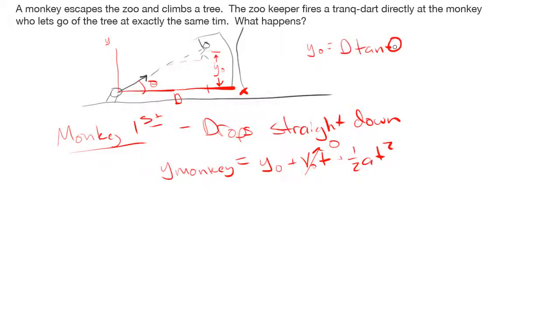Good. So using trig, just like before, you can draw a right triangle here, which I've already done with this dash line. So there's a right triangle. I have this angle. The side opposite to that is y naught. And I have the adjacent side. So if I have the opposite and the adjacent, that means I'm using tangent. If you solve your trig identity, you should get y naught is equal to d times tangent theta.